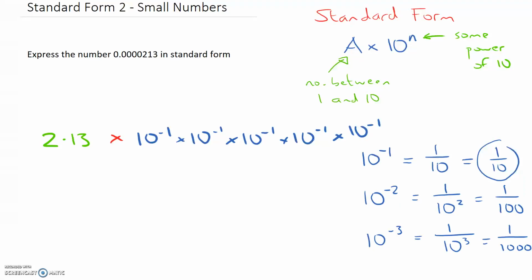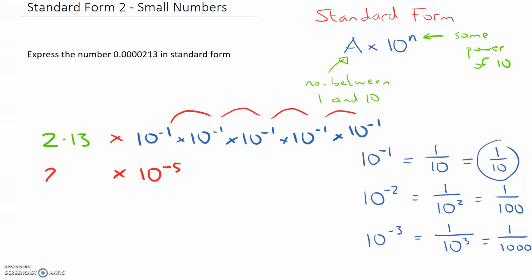But we also know from our index laws that we can express that as 10 to the power of minus 5. Because our law for multiplying these is just that we can add these indices here. So we can add minus 1 and minus 1 and minus 1 and minus 1 and minus 1, and we get times 10 to the power of minus 5.